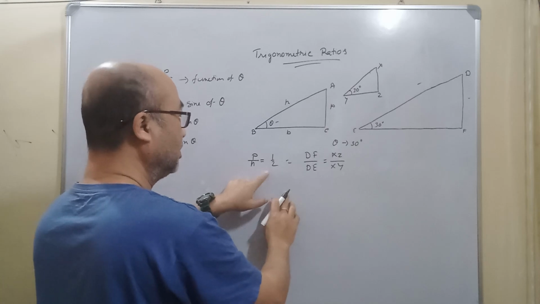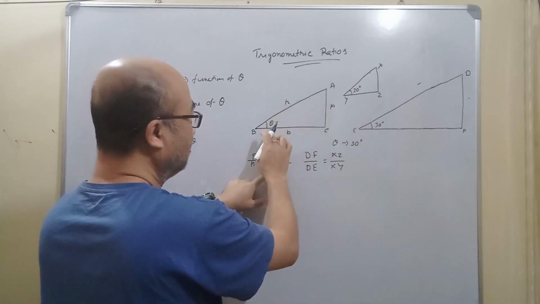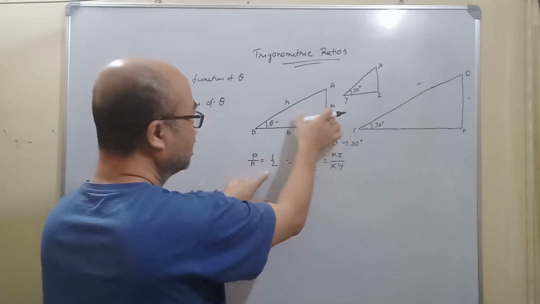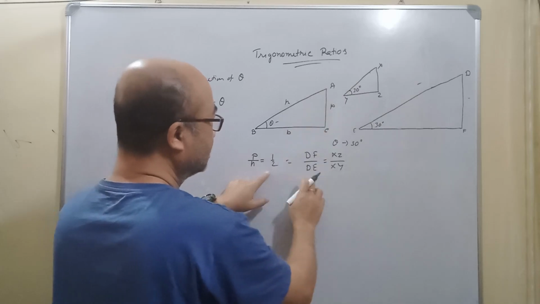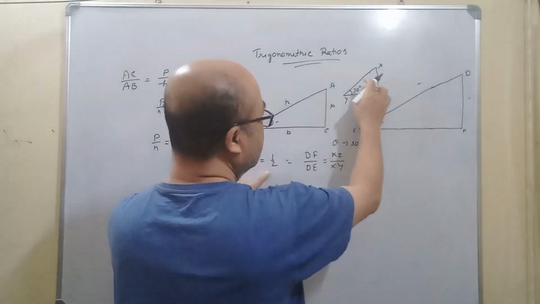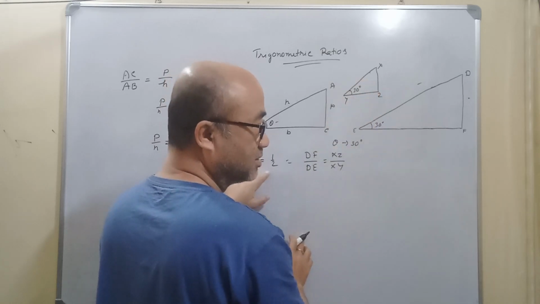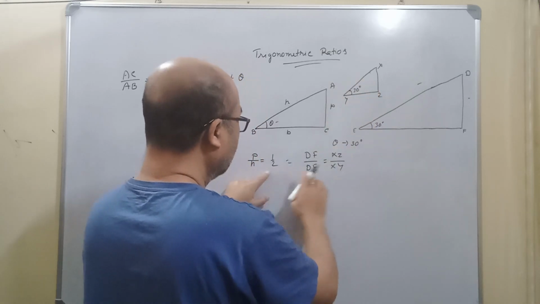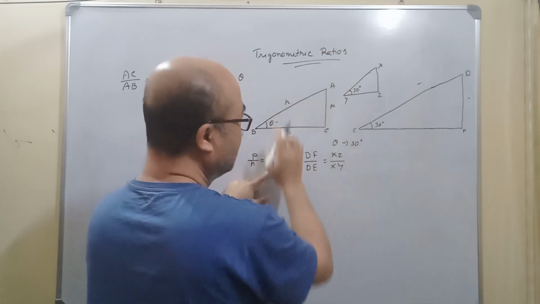You see, P by H is half. Here P by H is half. This ratio is half for this triangle, and it is the same for this triangle and this triangle, because theta is equal in all the cases. So if theta is constant, P by H value remains the same.